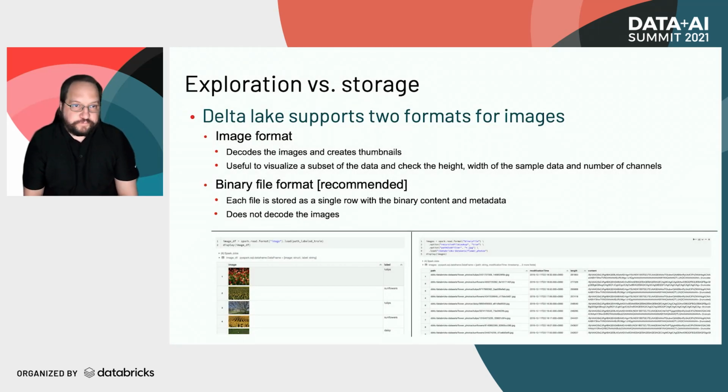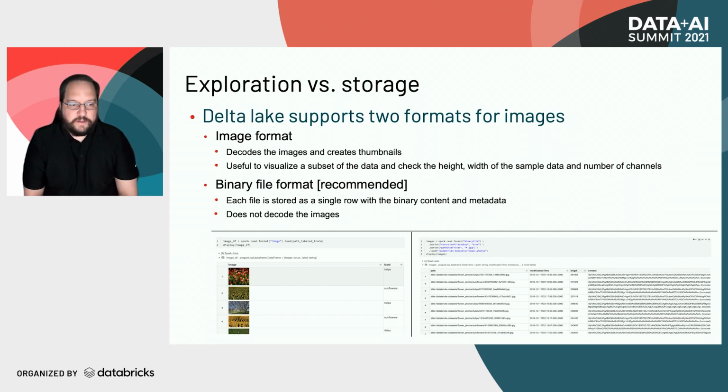And then exploration versus storage. With Delta Lake, we support basically two kinds of formats. If you've read through the Spark docs, there's a special image format that is nice because, as you can see down here on the left, it shows the images, it generates thumbnails and processes.